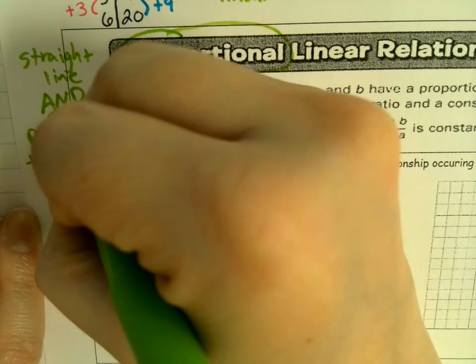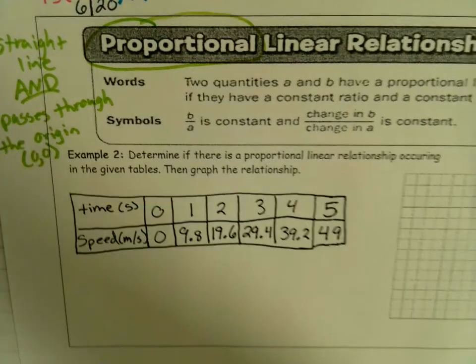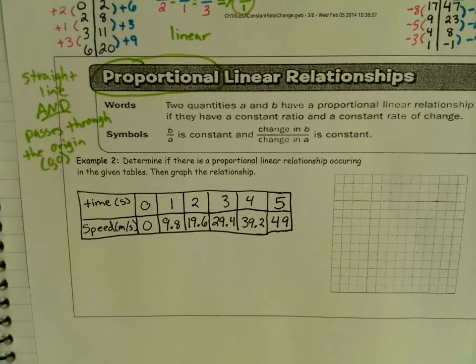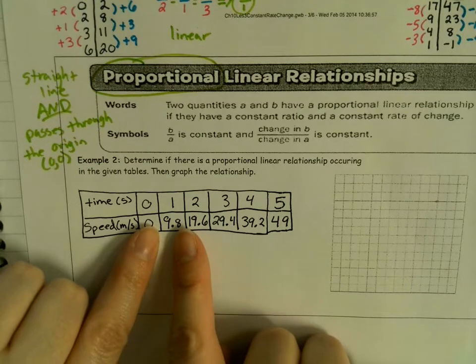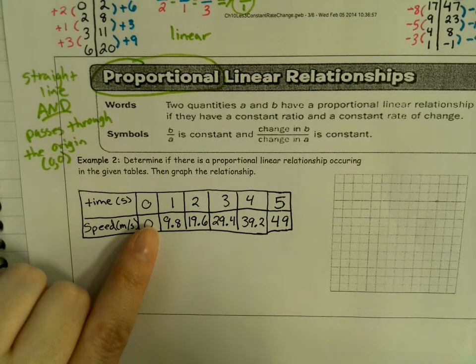Okay? So in order for there to be a proportional linear relationship, it has to be a straight line and it has to pass through the origin. So that means you're going to have a starting point at 0, 0. And then for the remainder of your graph, you're going to have a constant rate of change.